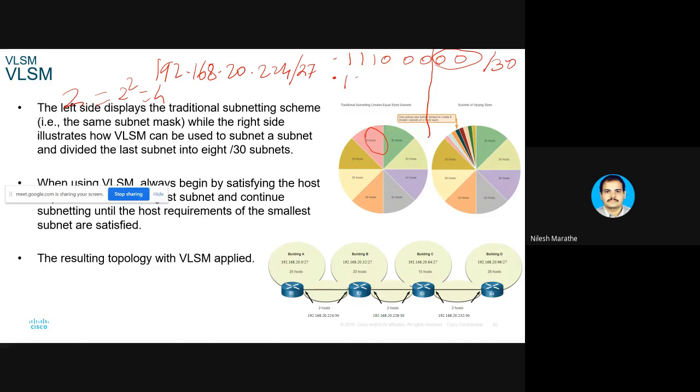So the second subnet will be... Can you tell me now? What is 224 plus 4?